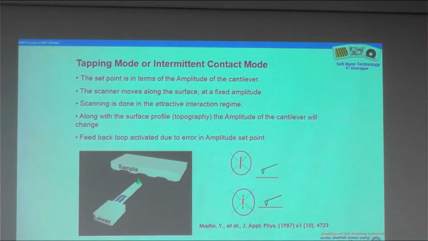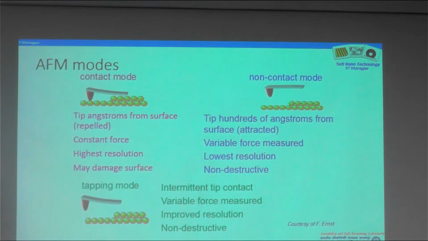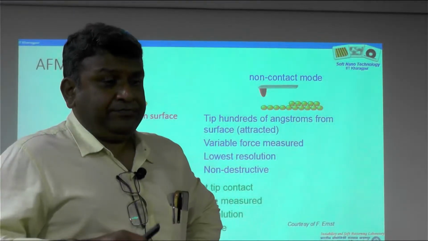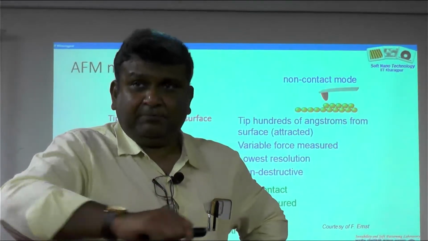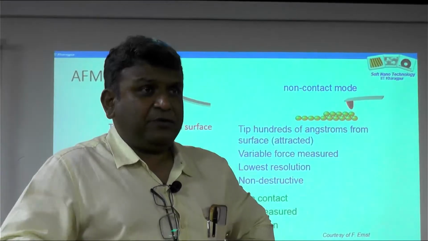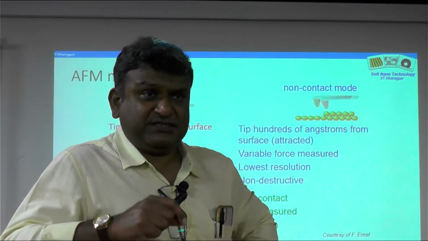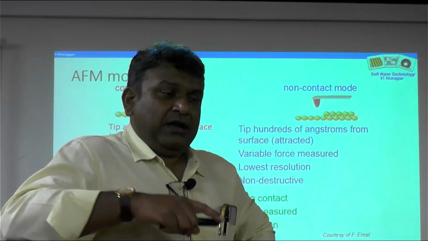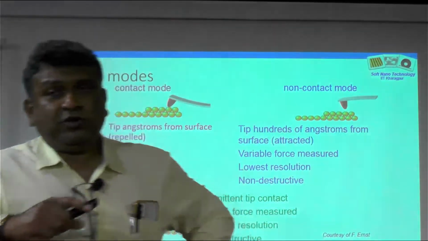In one lecture, I do not want to go that much into detail because then everything will get mixed up. The advantage, in very simple terms, is that you are no longer dragging a tip over the surface, so the possibility of tip-mediated damage is reduced. But you are again gathering the information with the help of the photodiode.